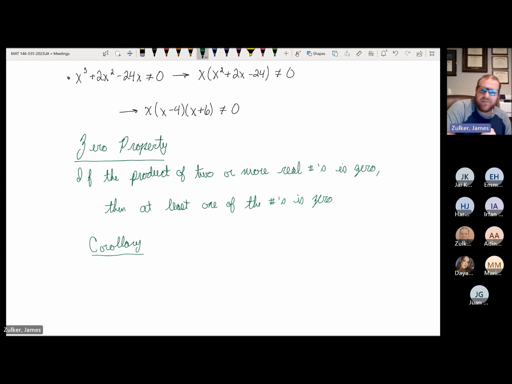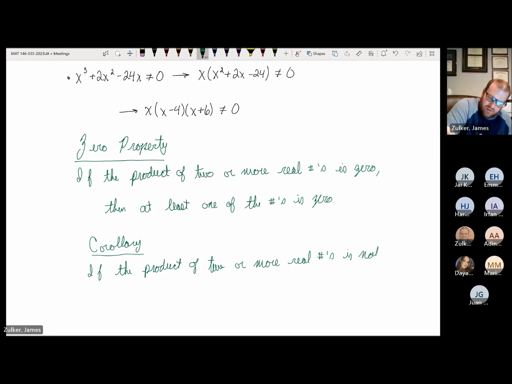As a corollary to that, if the product of two or more real numbers is not zero, then none of the numbers can be zero.